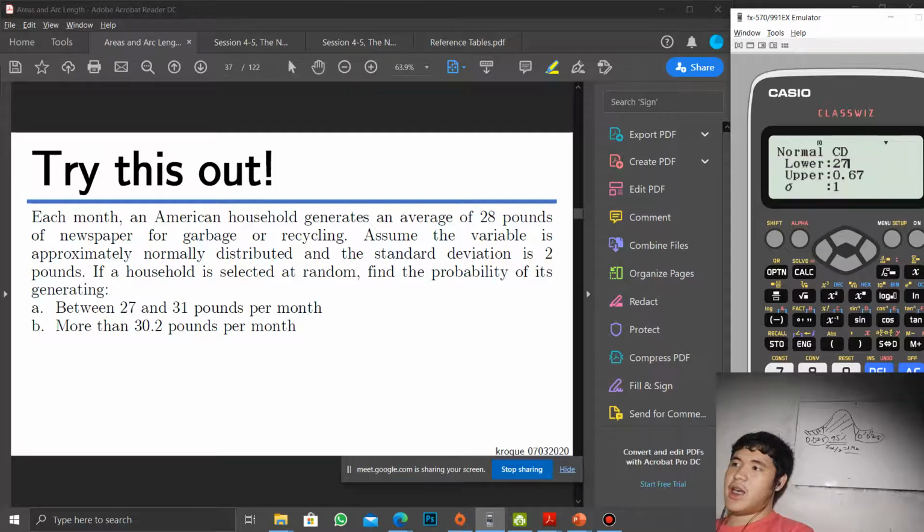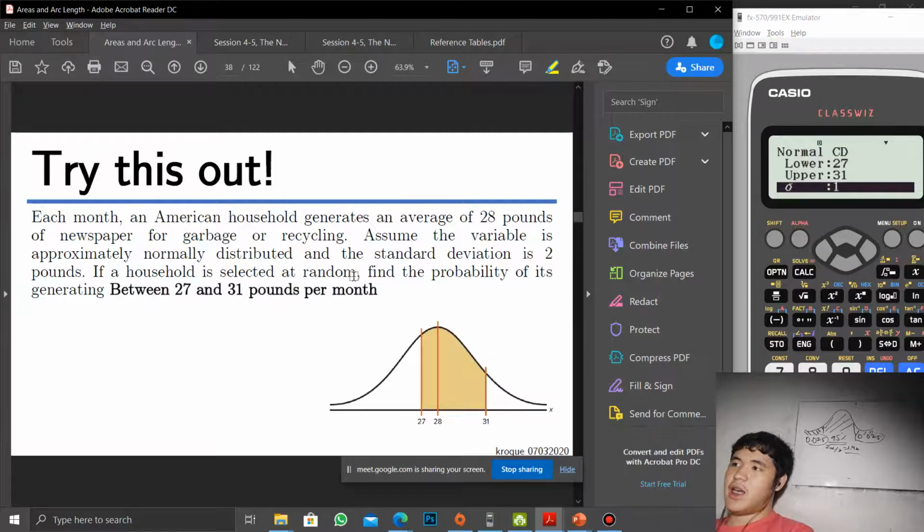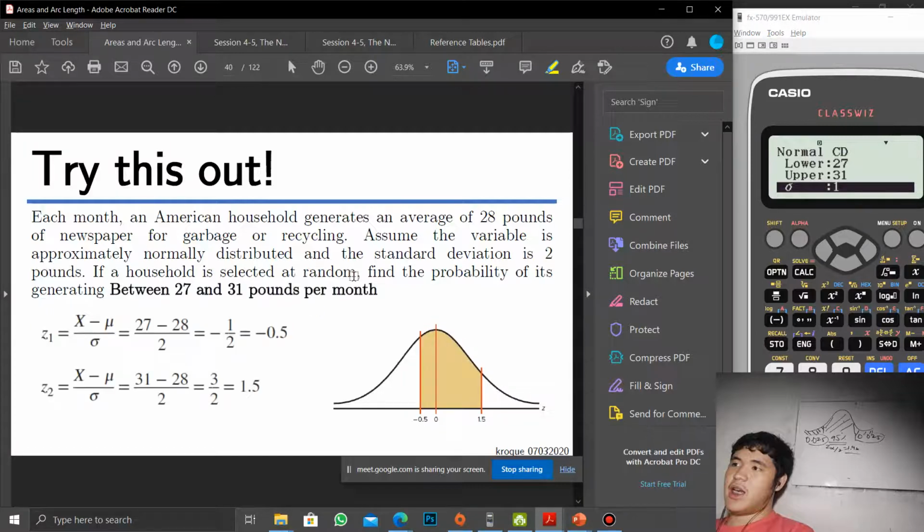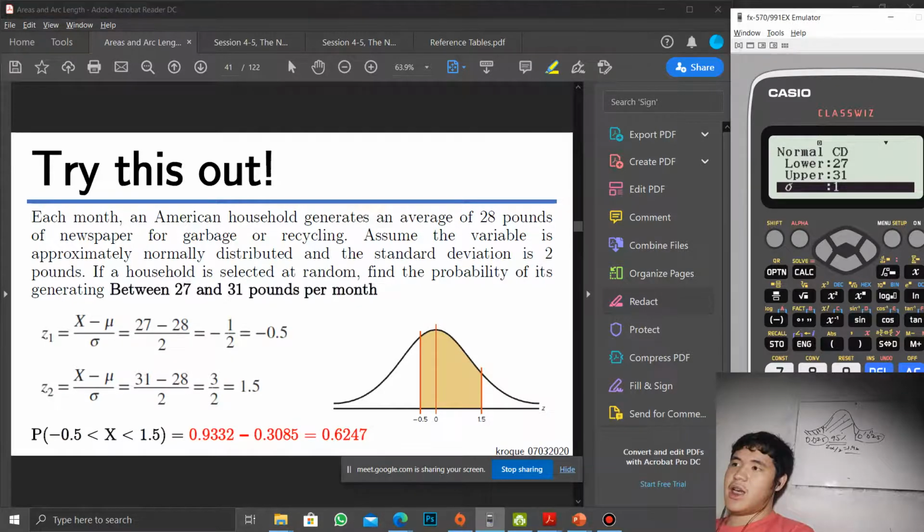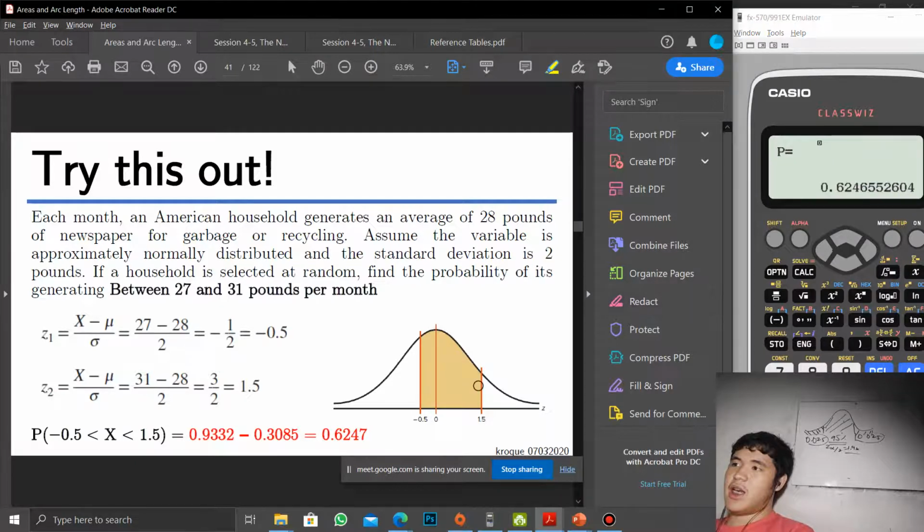Between 27 and 31 pounds a month. Let's look at this first. Ayan, so kinonvert niya. So, it's just same as getting this. So, let's look at our calculator. 27, 31. The standard deviation is 2. And the average is 28. This is what we get. 0.6247. Okay, we're correct.